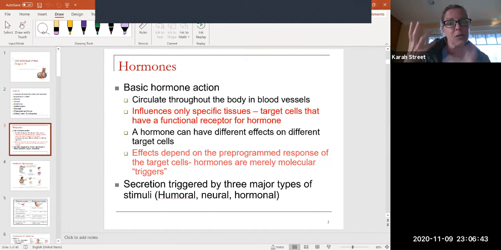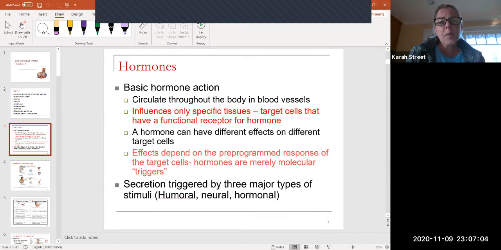Your receiver, your receptor is broken. And I can actually give you specific examples of people that release hormones but can't respond to them. And I'll point that out when I get to growth hormone, just to use that one as an example.